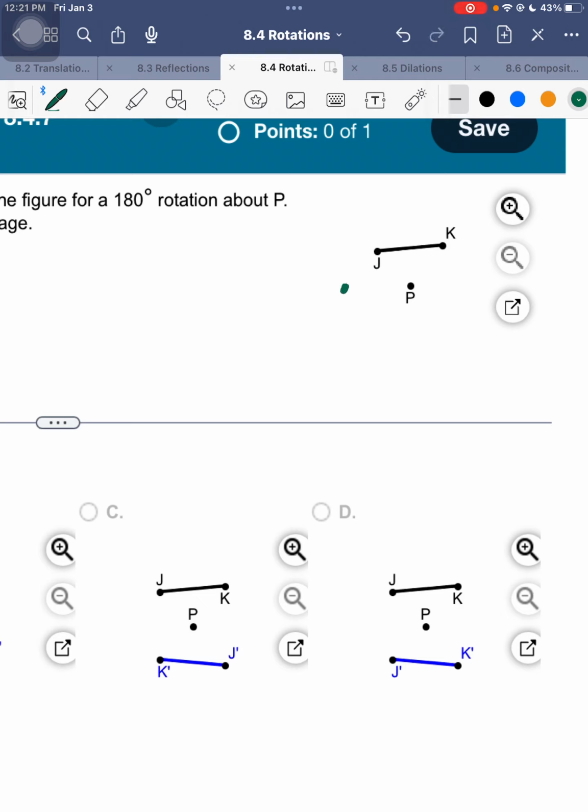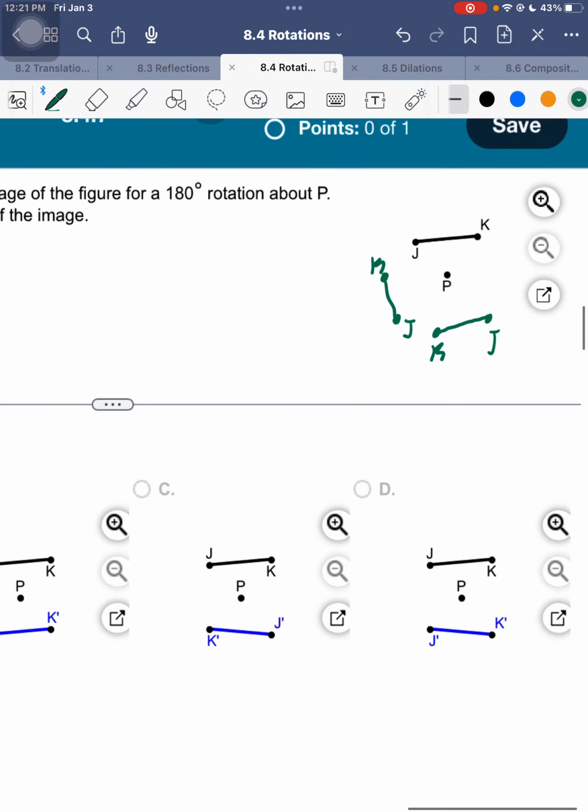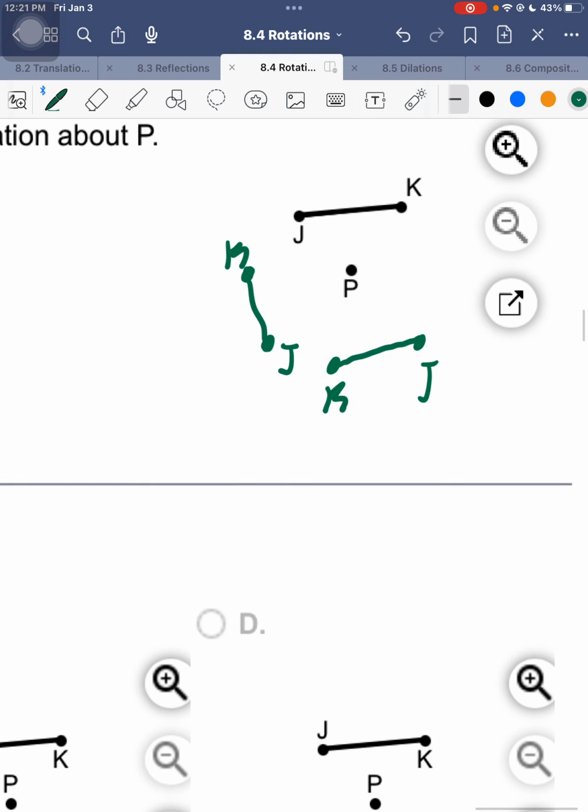So if I rotate it this way, the K should be more out than the J. And then if I rotate it again, another 90, this K is now going to be under the J, and it's going to be a little bit slanted up. That's a very, very big difference. You have to make sure that everything stays with the same orientation.